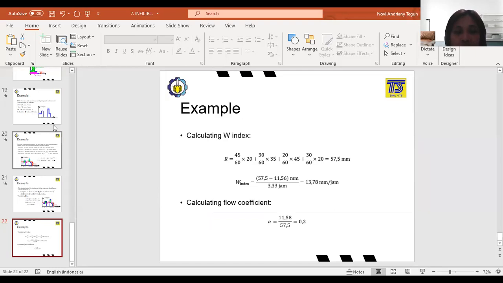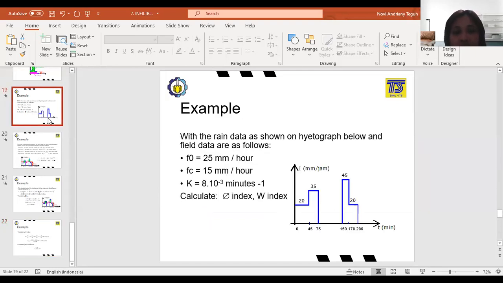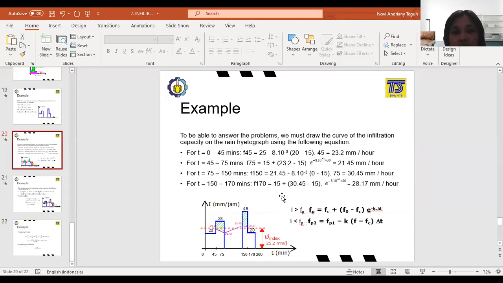I guess there will be an exercise regarding this, so that you can use this equation properly between these two. You have to compare first which one is bigger, the rainfall intensity or the capacity of infiltration.